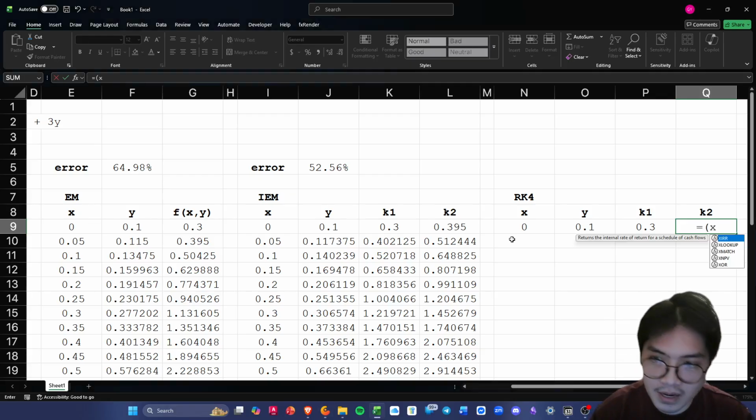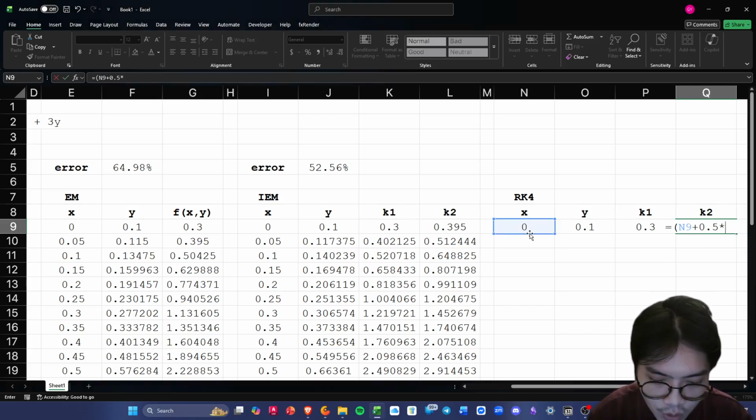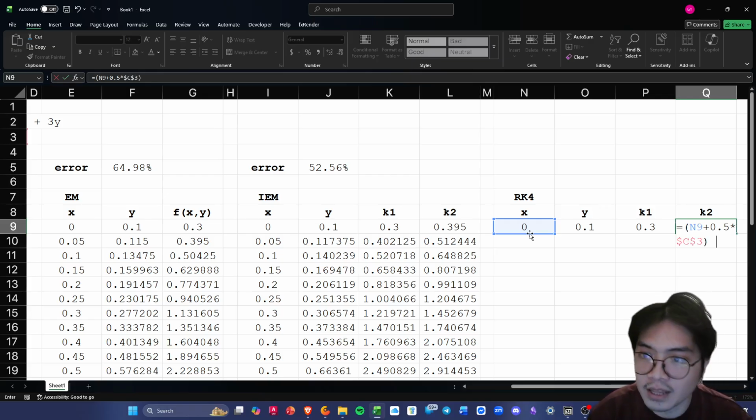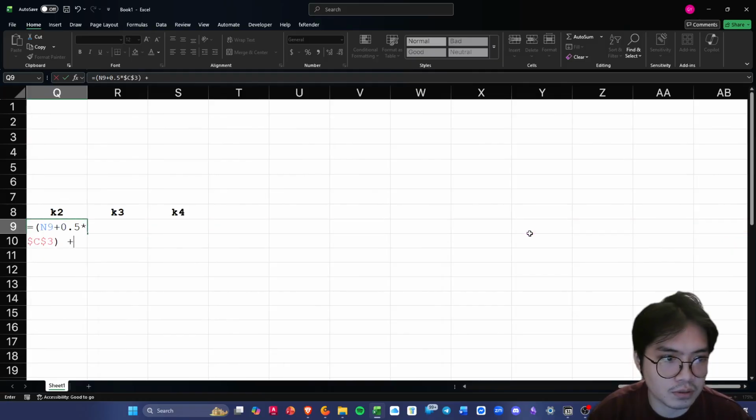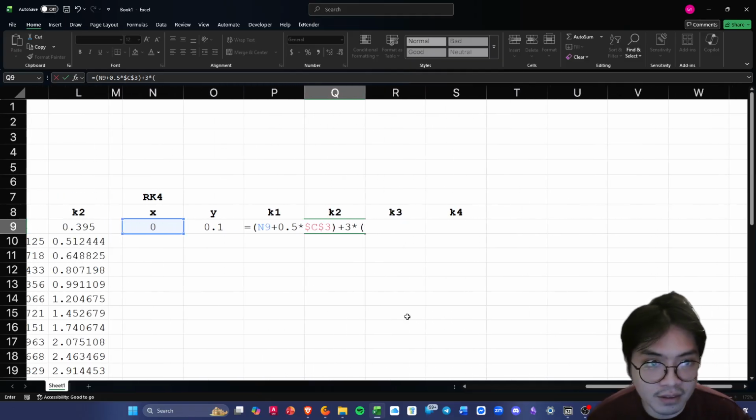What will happen now is that you will have X. Sorry, I really just wrote down X. And then half a step of your step value, C3. And then plus 3 times Y. Our Y value here is O9, I think.